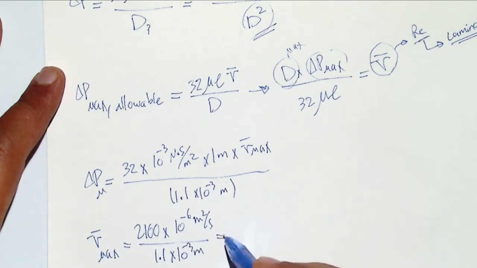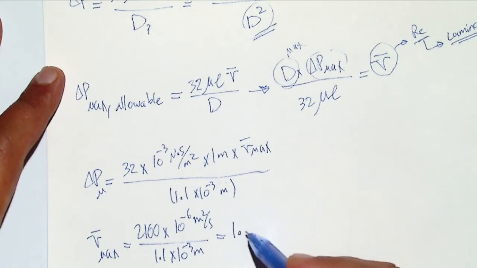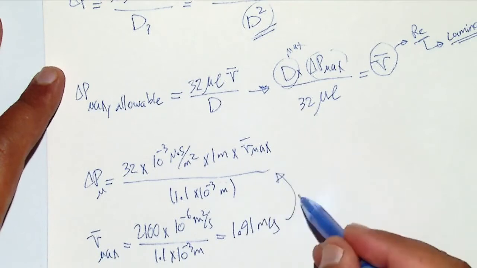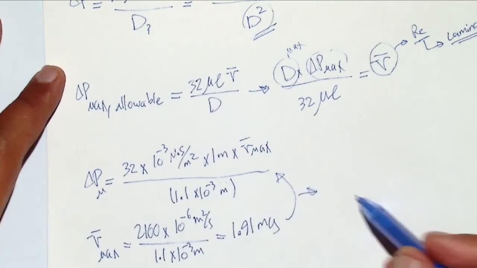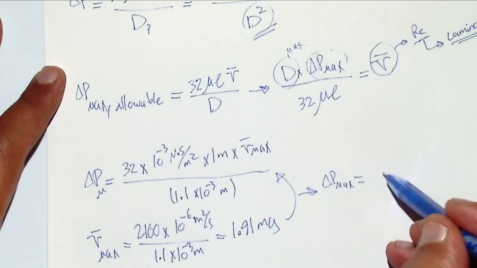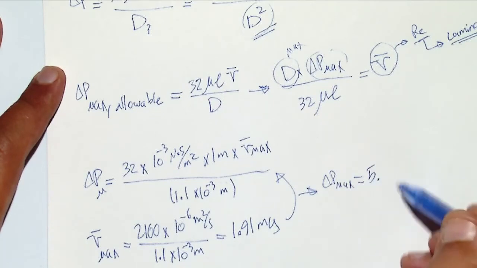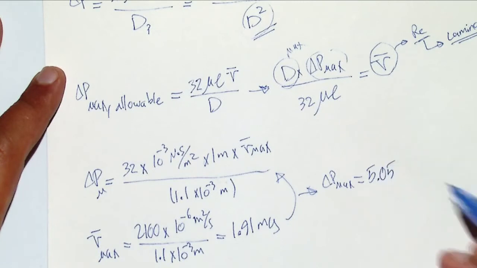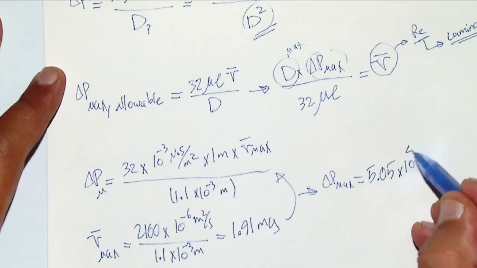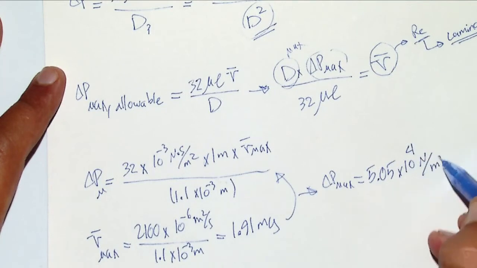So V bar max is going to be 1.91 meter per second, and if you plug that in, then the maximum allowable delta P is going to be 5.05 times 10 to the power of 4 Newton per meter square, which is Pascal.